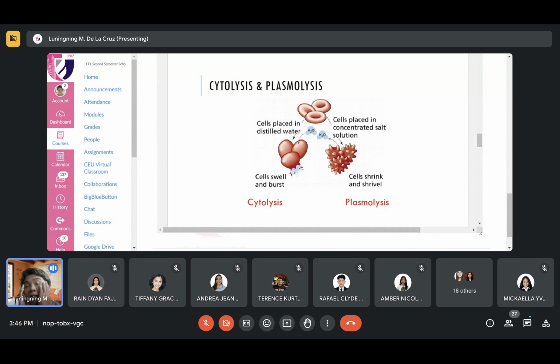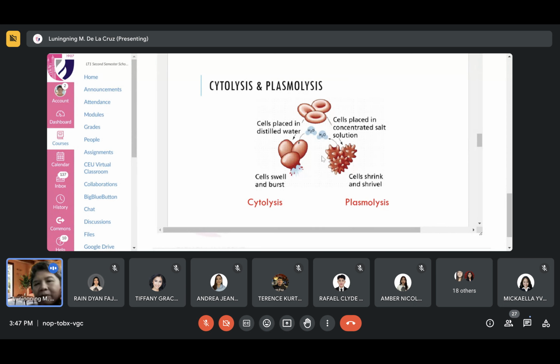Of course, distilled water is a hypotonic solution because there is no solute in distilled water. So the tendency of water is to get inside our red blood cells. Of course, if it gets inside our red blood cells, the cell will expand, swell, and burst. And that will lead to cytolysis or cell death.